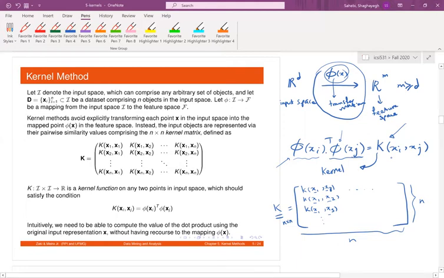But if that is expensive, the kernel calculation should be also expensive, right? Because we are defining kernel according to the inner product between phi of xi and phi of xj. So how come we can get to this k without this phi of xi and phi of xj? That is what the point of kernels are.